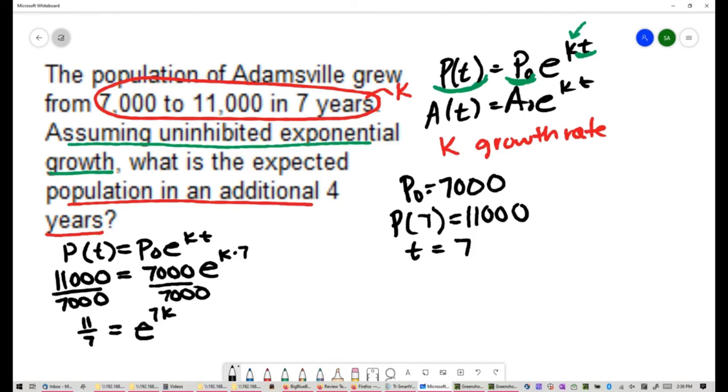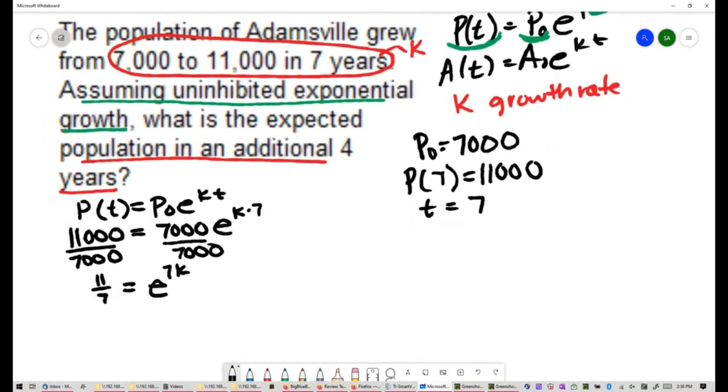I've got my exponential isolated, and I can solve this by taking the log of both sides. Do natural log on the left and natural log on the right. On the right-hand side, the natural log and e are inverses of each other. They cancel each other out. You get 7k. I can divide both sides by 7 to get my growth rate.